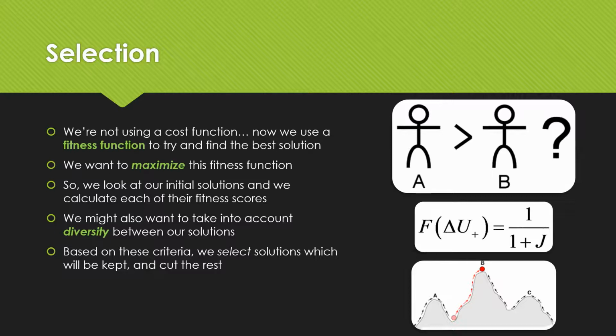Now, sometimes in the selection process, you also want to account for diversity because you want fit solutions which are also very different from each other. But typically the way it works is all of the different fitness scores are ranked, and then they have some probability of getting passed on to the next generation of this process. And the ones with low fitness typically get cut, so they don't get considered for the next iteration of this process.